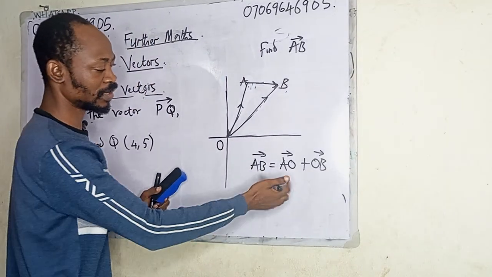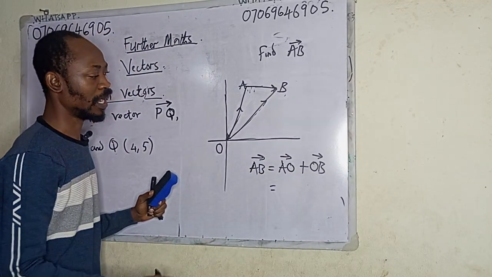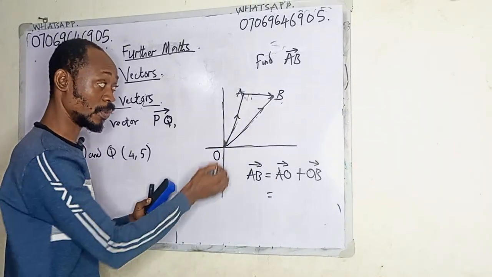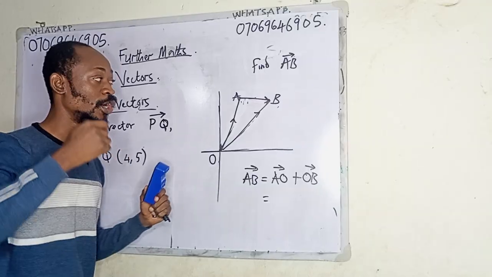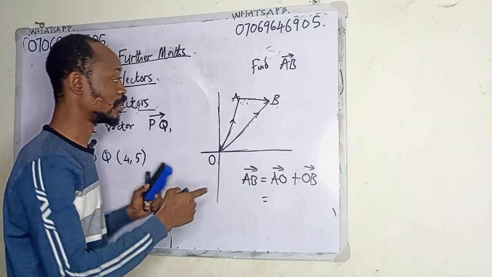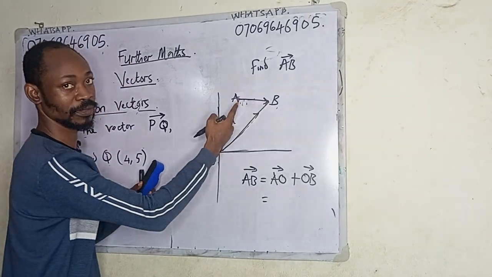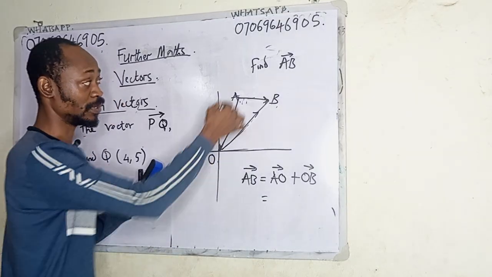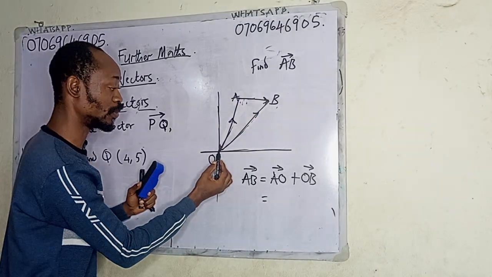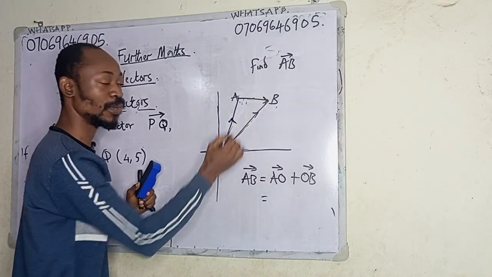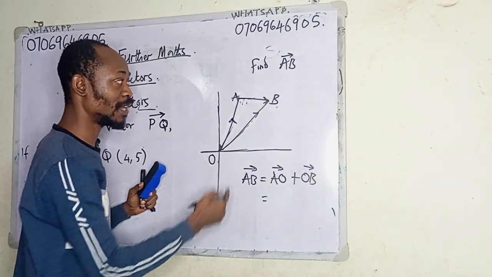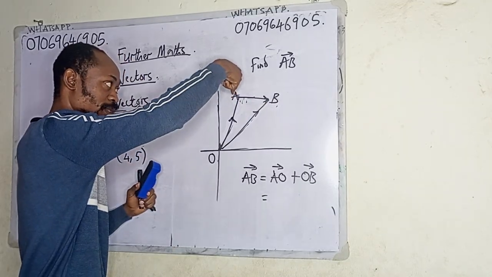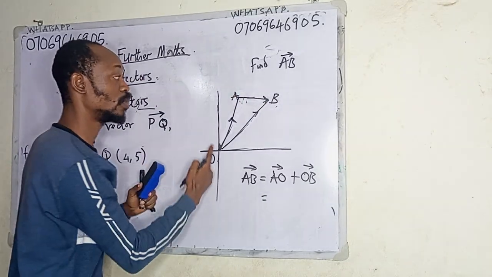But if you notice this very well, vector AO is actually the opposite direction of OA. OA goes up according to this arrow. Normally, if you are drawing this on the Cartesian plane, you go from O to A and the arrow goes up. But if you are finding from A to B, you go down, which is AO, the opposite direction of OA.